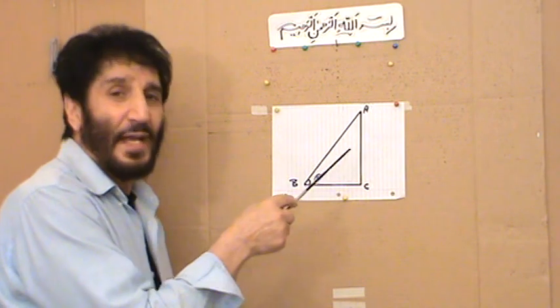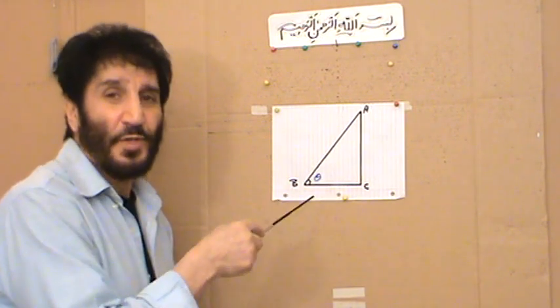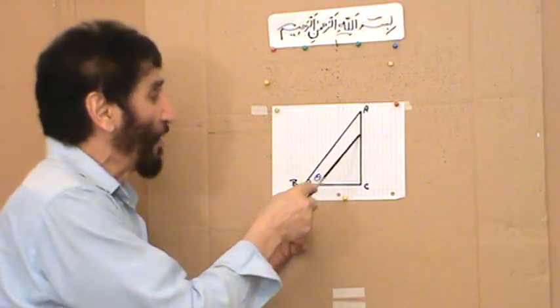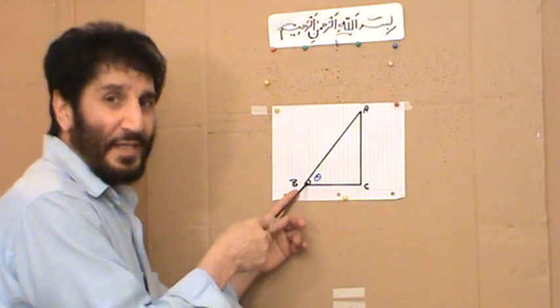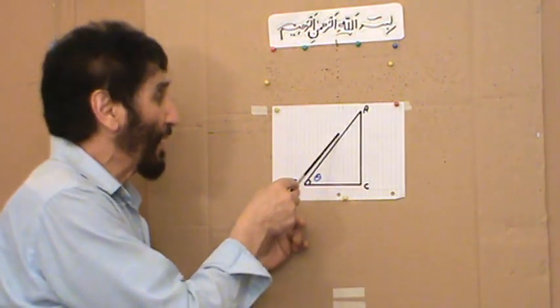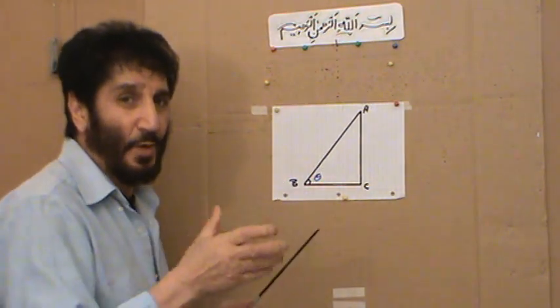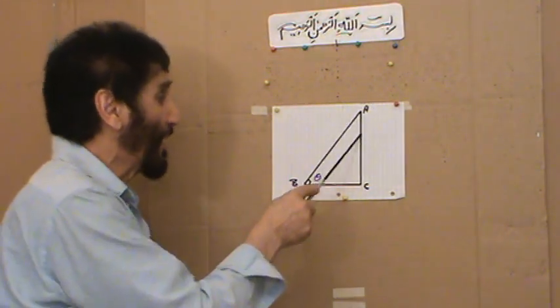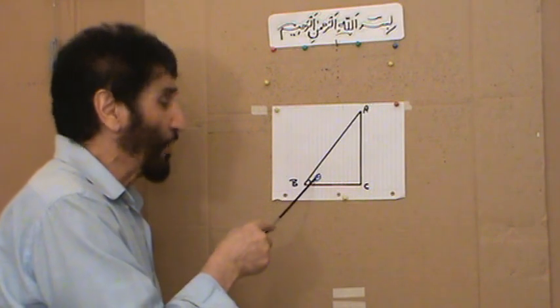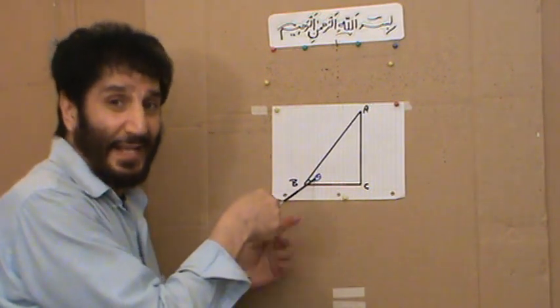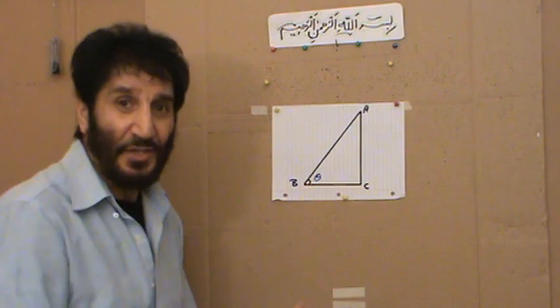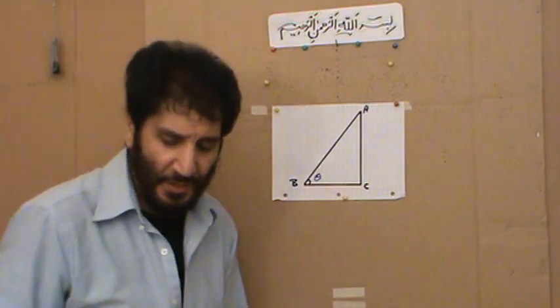So we are left with sine of theta over cosine of theta, which means we end up with the ratio of this over this. So the ratio of this over this is going to be the tangent of this angle. If you change the angle, the tangent naturally changes.